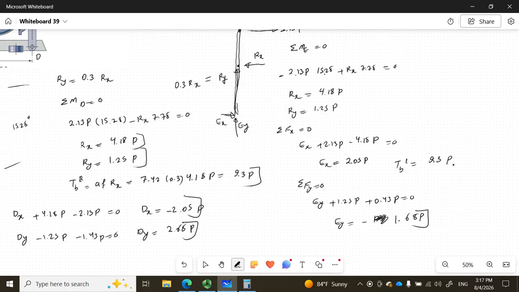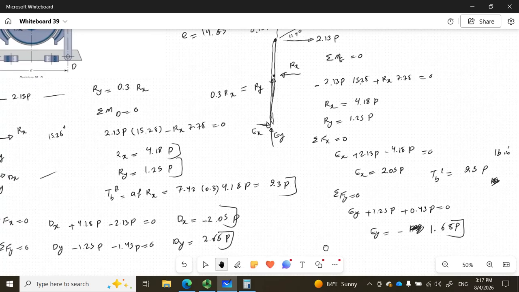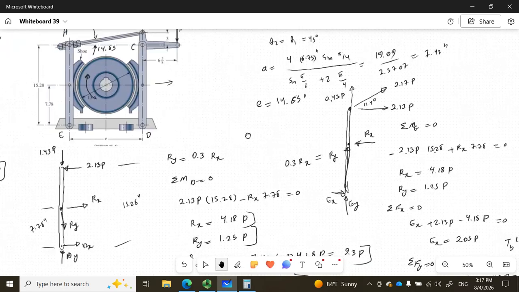The unit is whatever the unit for forces is, pound for example, and then inch. If force is pound, then it's going to be pound inch. So the left and right we must add to each other, so it will be like 2 times 9.3. So let's go to that question.